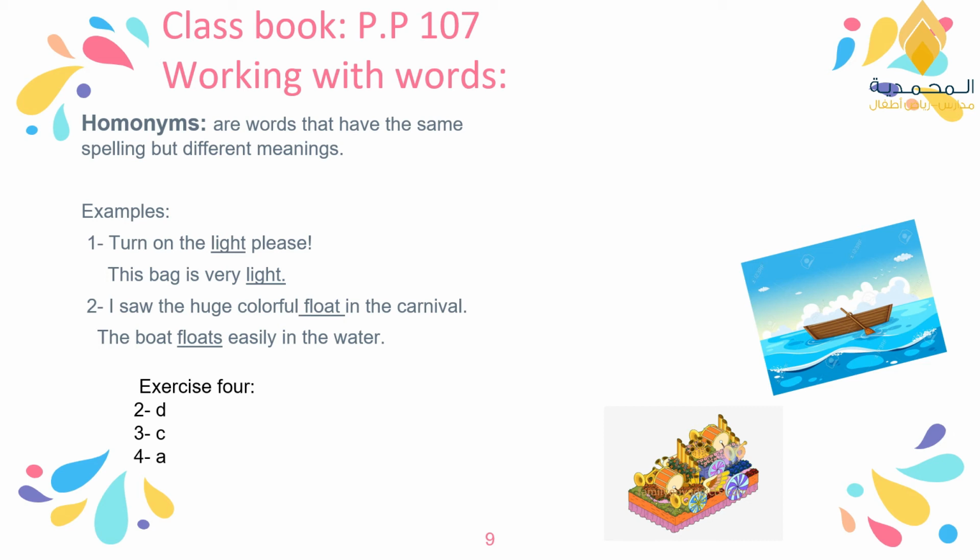So number 2, float with D. The boat is floating. 3, I have a note. 3 with C. I have in the letter C a note. 4, coach with A, coach. So number 2 with D, number 3 with C, number 4 with A.